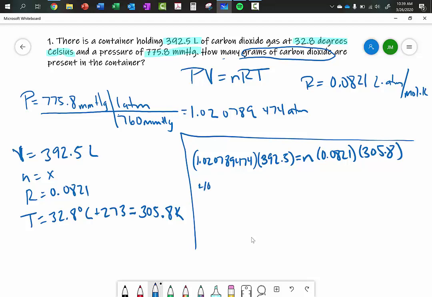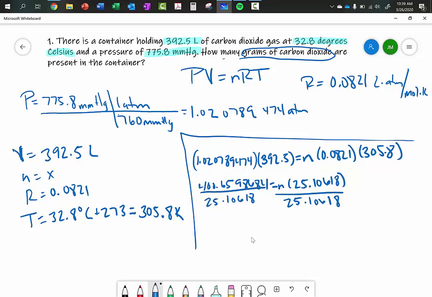I start to simplify this, and this is what I get. I'm going to divide both sides by 25.10618. I should get a mole value of 15.95861531 moles of carbon dioxide.